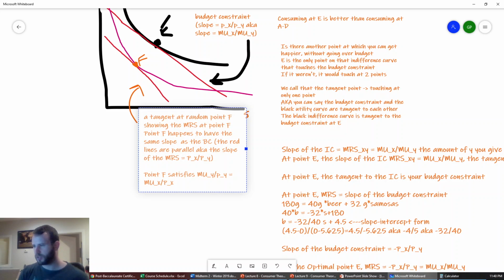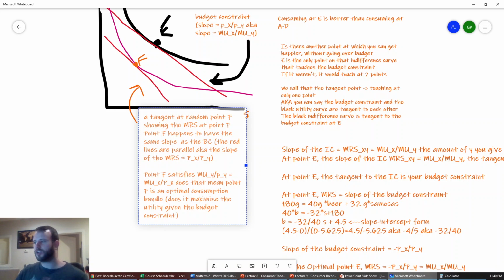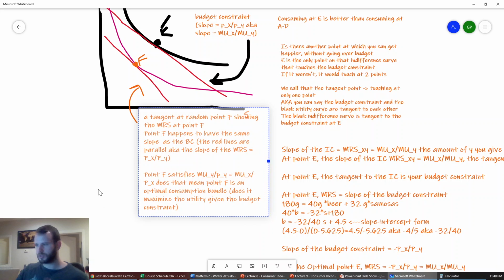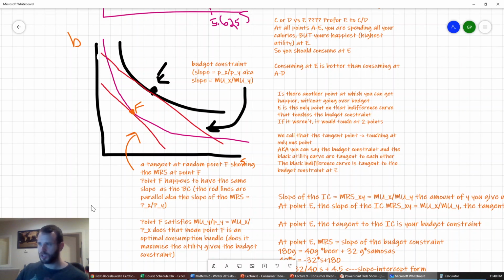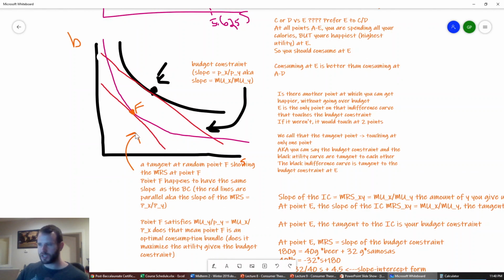Does that mean point F is an optimal consumption bundle? Does it maximize the utility given the budget constraint? Is it the most happiness you can get given your budget constraint? What do you think? Is point F as happy as you can get given your budget constraint?